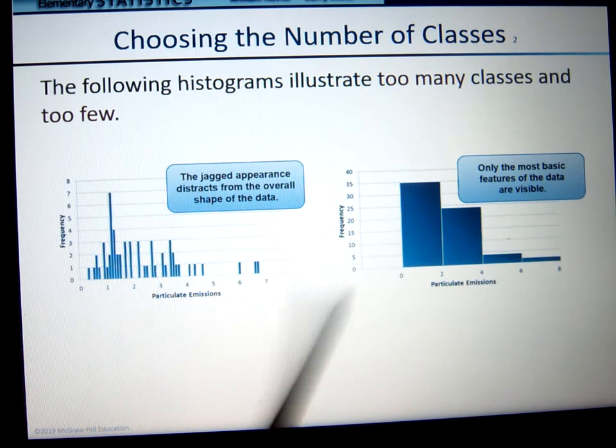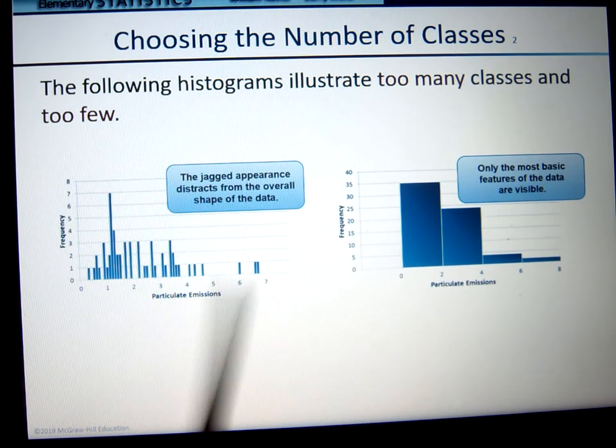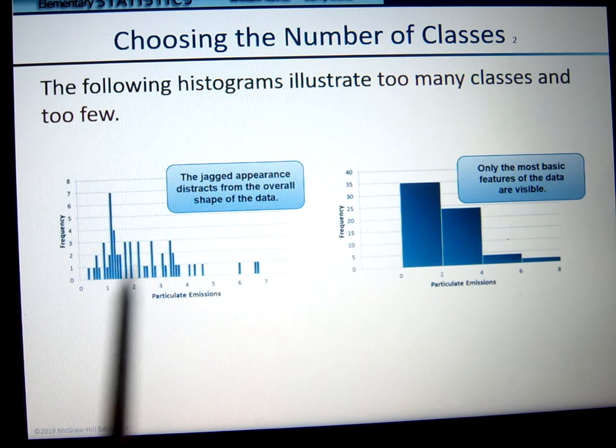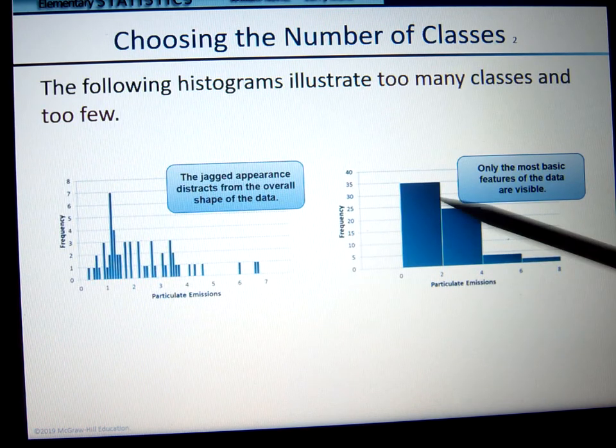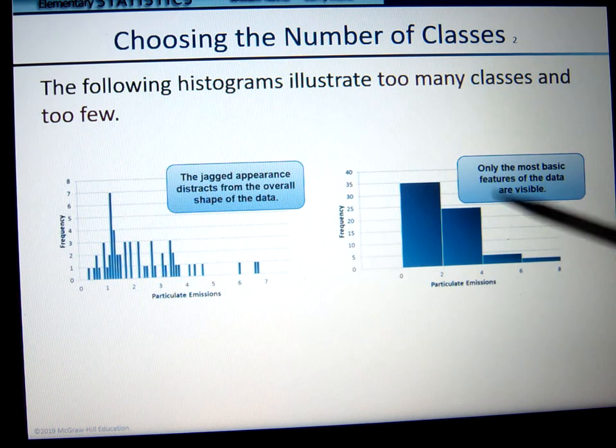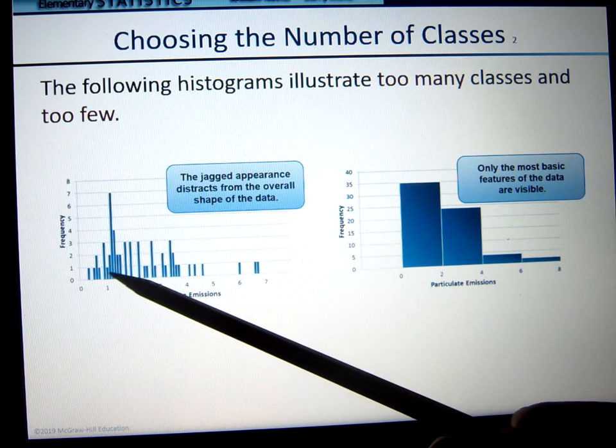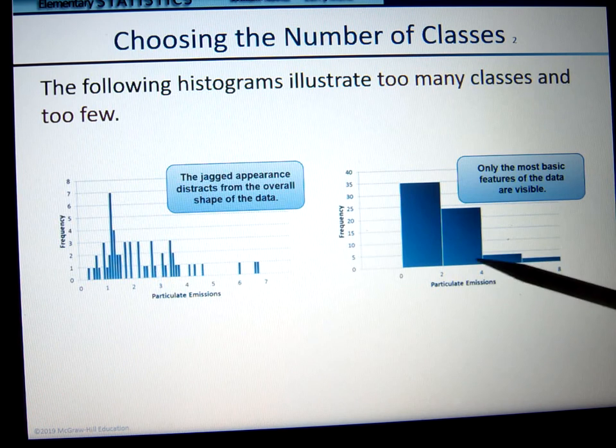There's a whole bunch of them here. Way too many classes. Doesn't give us a pretty picture at all. Over here, we only have 4 classes, and it just basically gives us the most basic features of the graph. This gives us not enough detail to really tell what we're looking at.